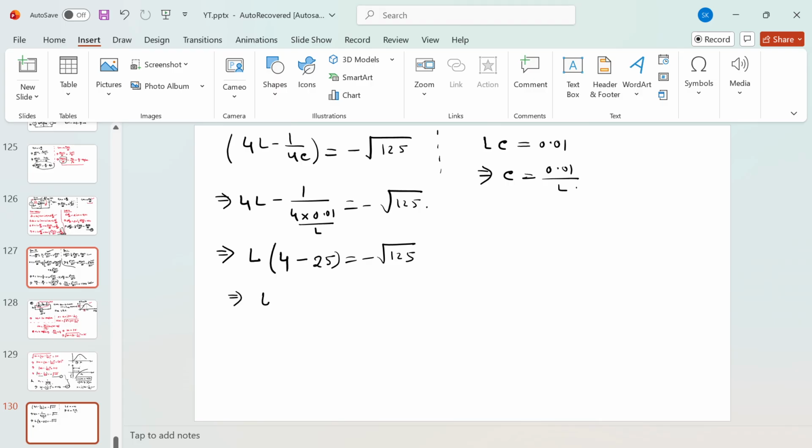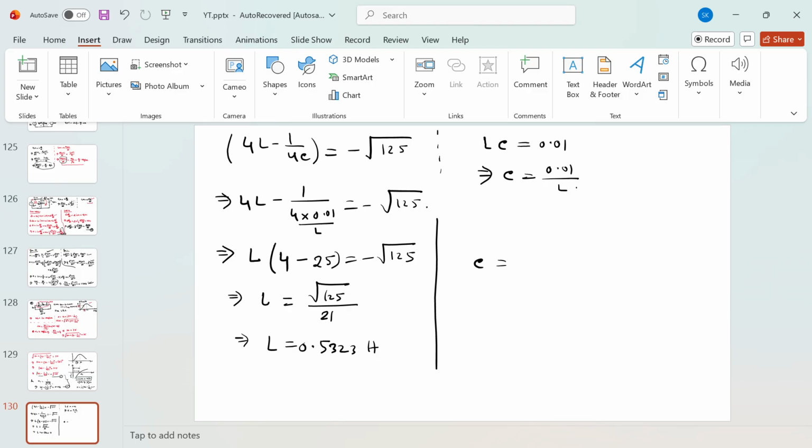So L would be root 125 by 21, which is 0.5323 Henry, and your C will be 1 by 4 into 0.01 into L, about 0.0187 Farad. I hope it is clear.